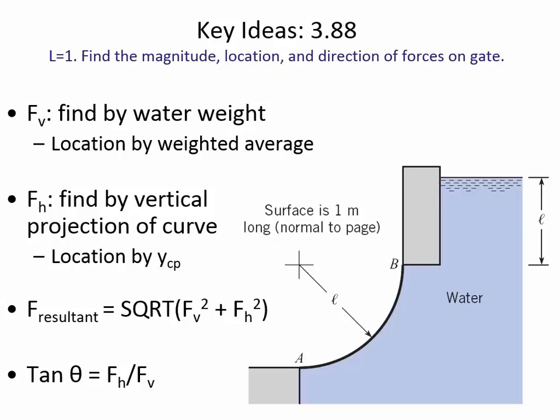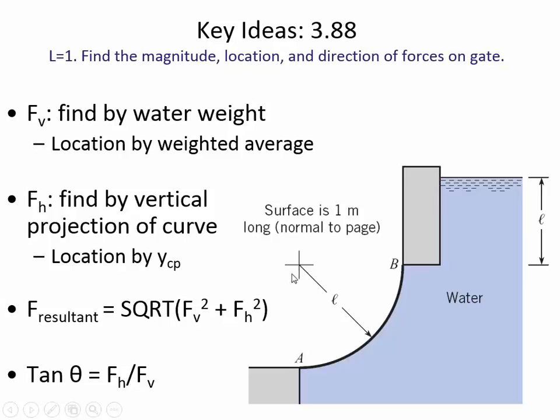For the horizontal forces, you're thinking about the projection of the shape. This is a curved gate, and so the projection of it is just going to be a rectangle. If L is 1, then that tells you the height of it is 1, and I don't remember exactly how far into the page. Oh, 1 meter long. There it is.